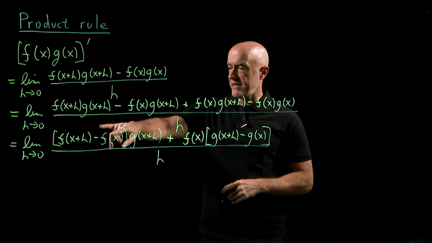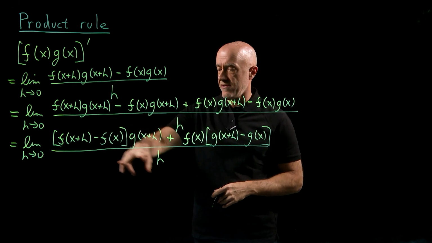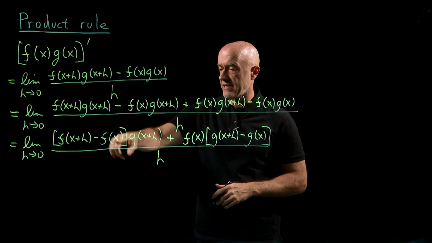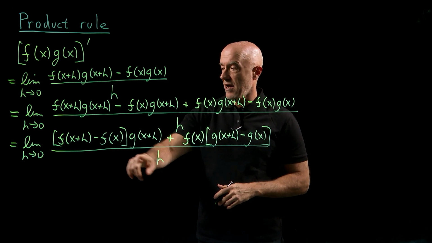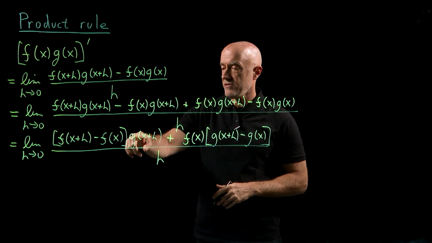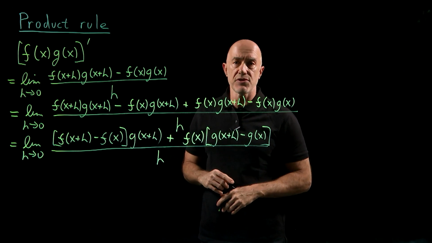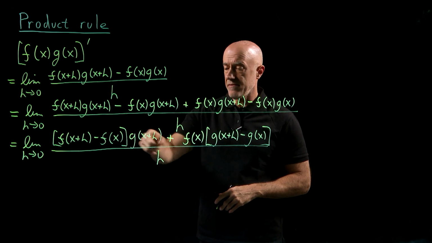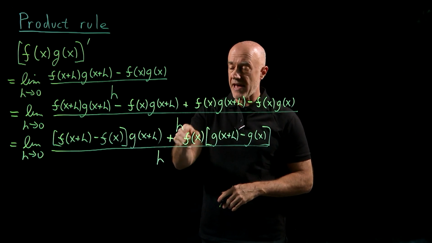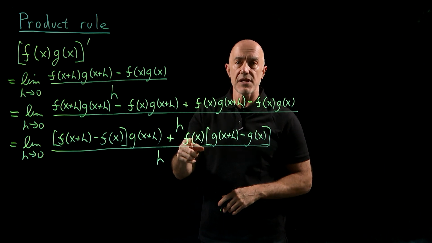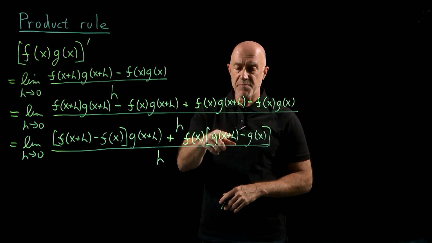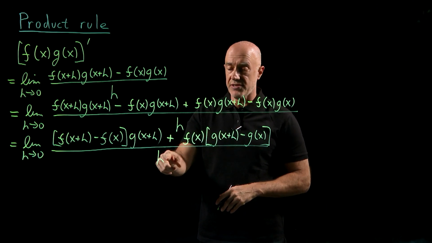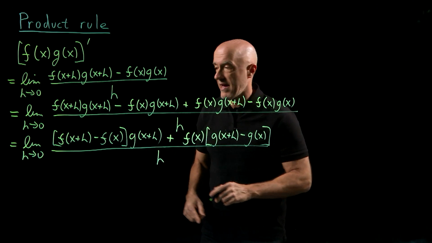And now we see the derivative here. So we have f of x plus h minus f of x divided by h. That will become f prime. g of x plus h as h goes to 0 becomes g of x. That's perfectly fine. And then we have f of x, which as h goes to 0 is still f of x. And g of x plus h minus g of x divided by h as h goes to 0 becomes g prime of x.